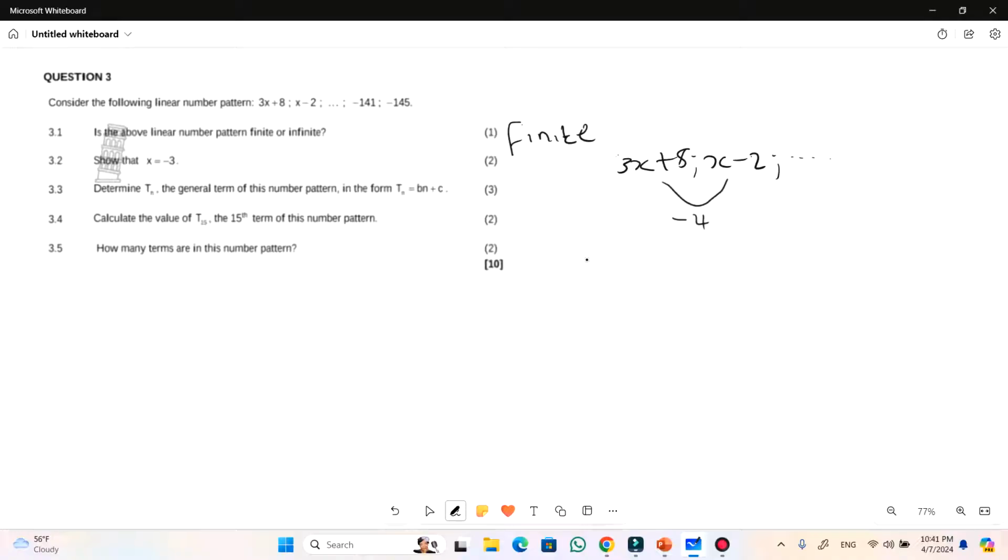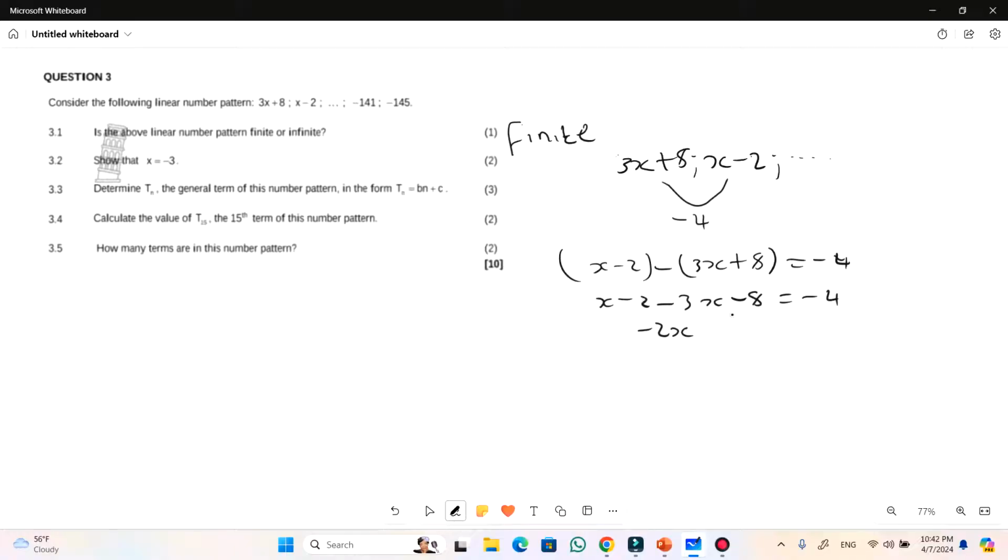So you can just say x minus 2 minus (3x plus 8) is equal to negative 4. Now you can break the brackets using the negative sign in front of the bracket. So 3x minus 8 is equal to negative 4. Here it's x minus 3x, so it's negative 2x.